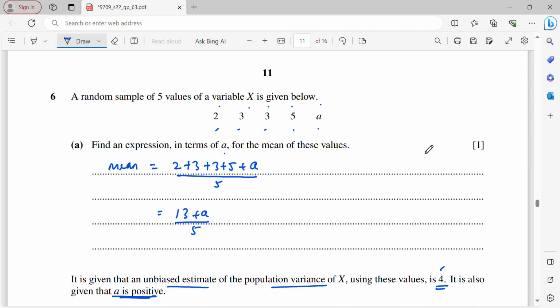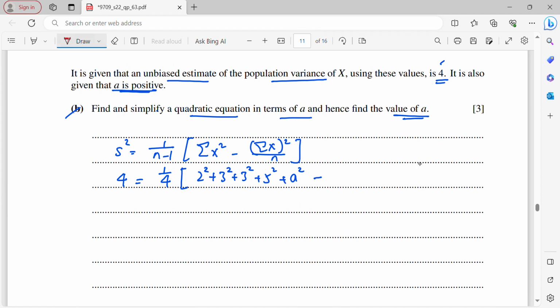Look at here, summation x I already found. This is my summation x, which is 13 plus a. Then I will write 13 plus a, squared, over 5, because the n is 5. Okay, then from here I will multiply the whole equation by 4.